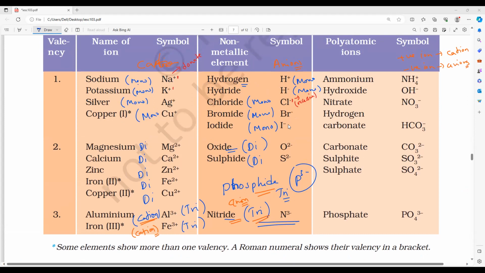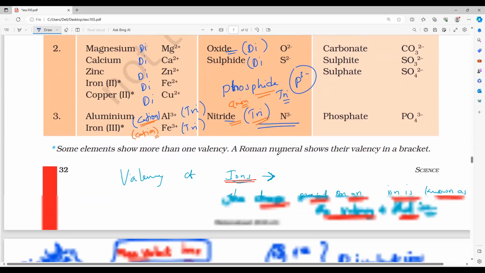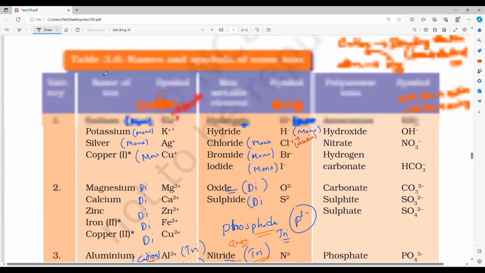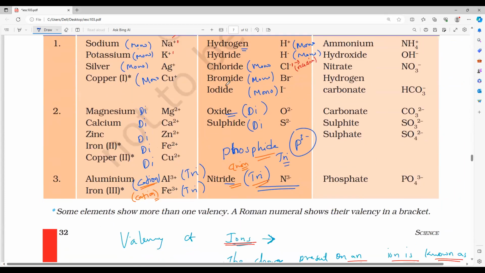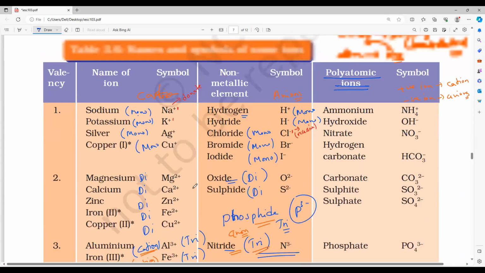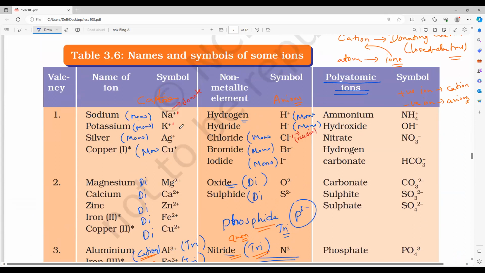Next. Last type of ions: polyatomic ions. Most important one. So what do you mean by polyatomic ions? Write the definition. Till now, monoatomic, diatomic, triatomic, or tetraatomic: only a single type of atoms or different types of atoms are together?